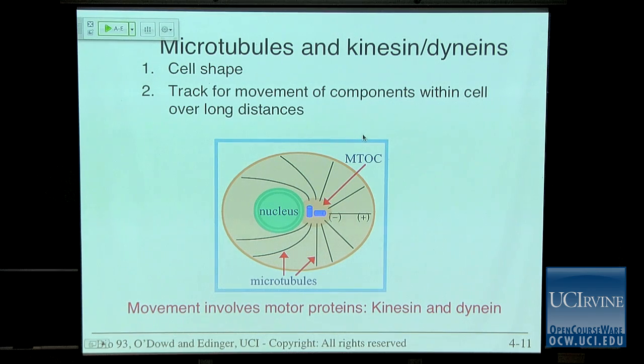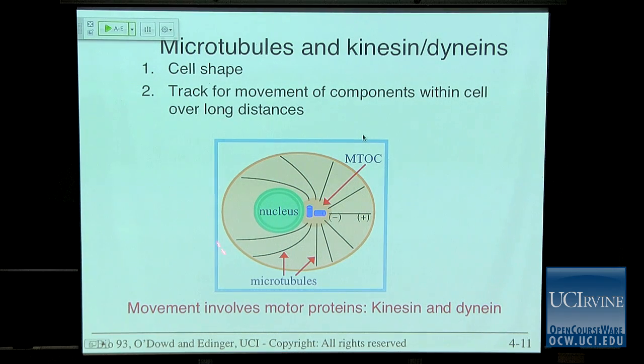Okay, we also now need to move to microtubules and the interactions they have with their motor proteins, which are kinesins and dyneins. Microtubules are also important in cell structure and shape. And what we're going to be talking about most here is their role in providing a track for movement of components within the cell over long distances.